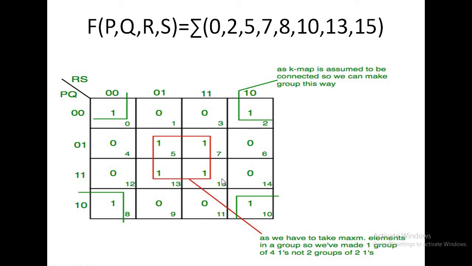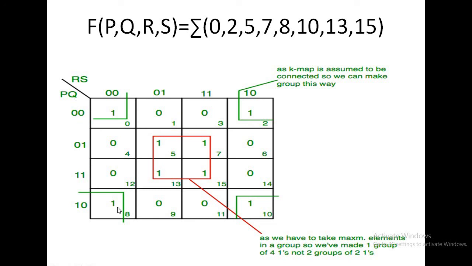And from these 4 corner ones, which one is common? See, if I take these 2 rows, this is 0 0, this is 1 0. That means 0 is changed to 1, so not taken. But here it is 0, here it is 0, so Q prime is taken, which is common.